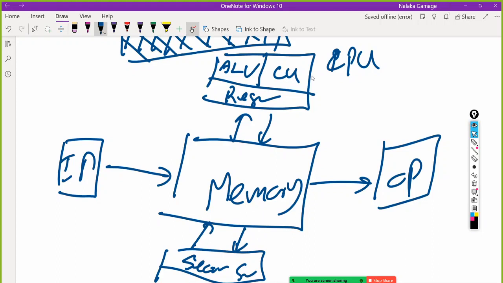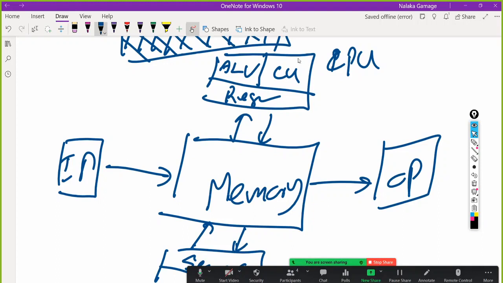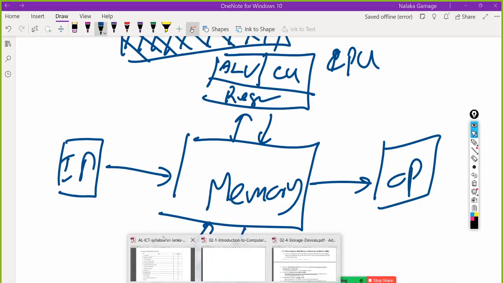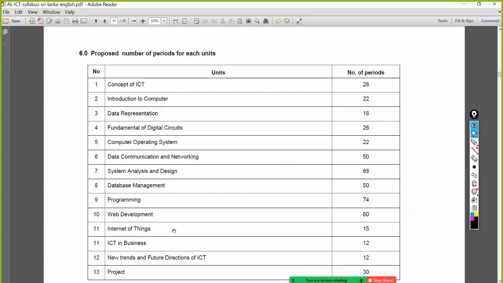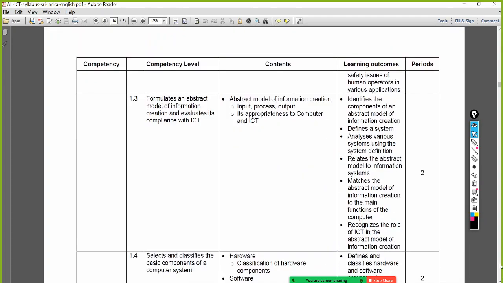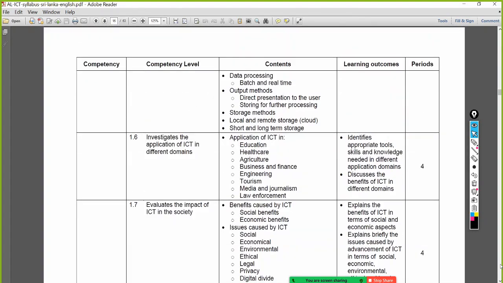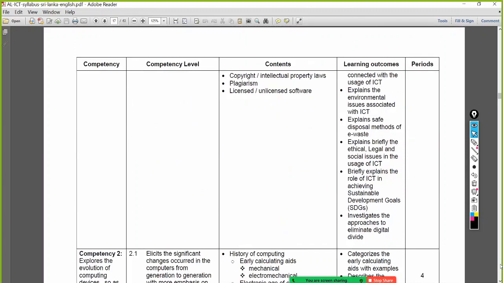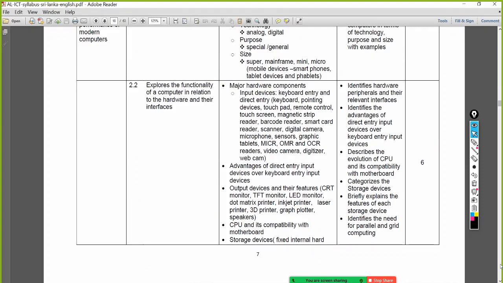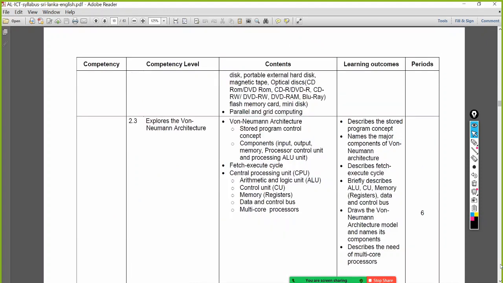So this is what is known as the von Neumann architecture. Remember, your syllabus mentions very clearly, at the end of your topic 2, that students must be able to explain what this von Neumann architecture is, the stored program control concept.